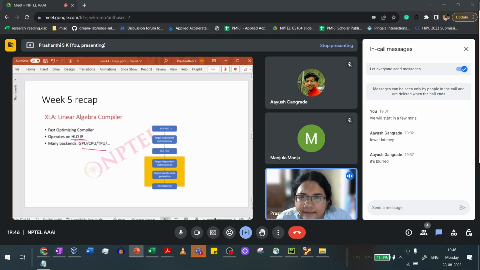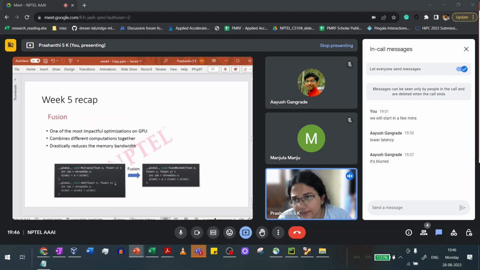You can see HLO, some optimizations that are performed, then some code generation, and then finally some backend. You don't need to know too many details about this.